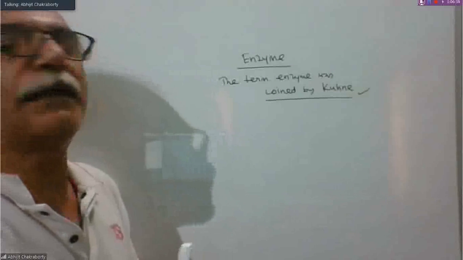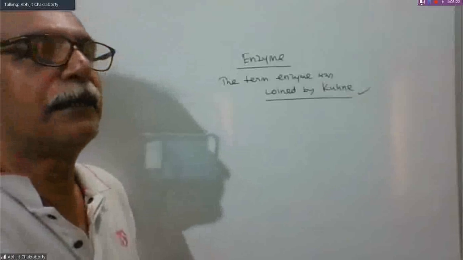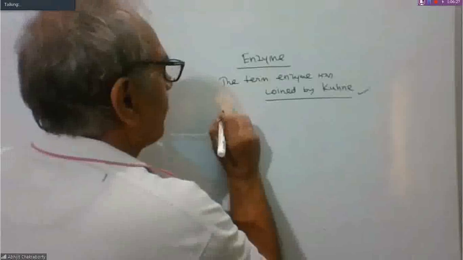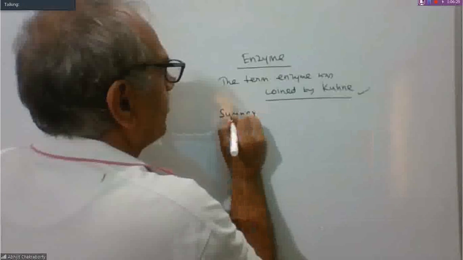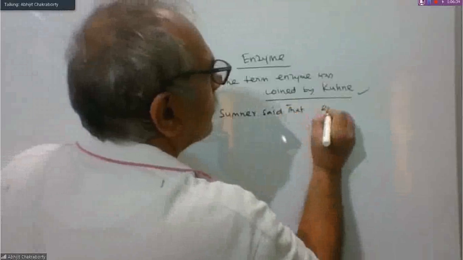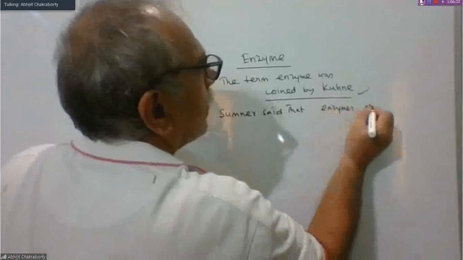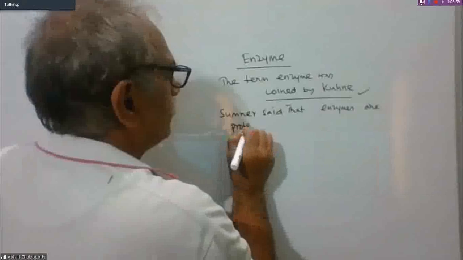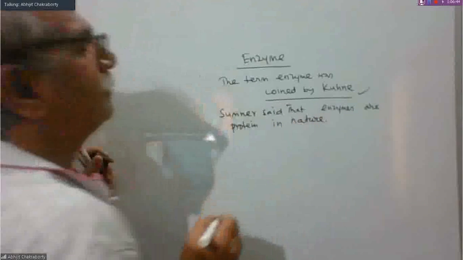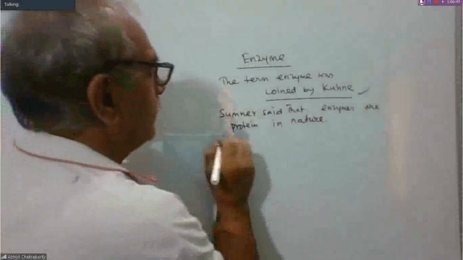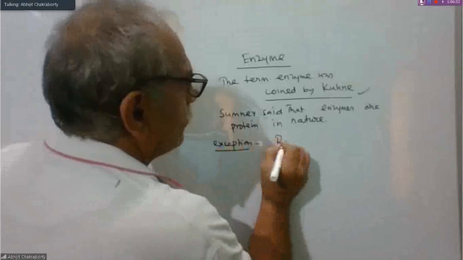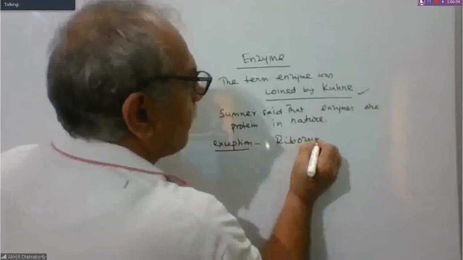Generally, enzymes are protein in nature. Exceptions are there, some ribozymes. Sumner said that enzymes are protein in nature. Exception: ribozyme, non-protein enzyme.